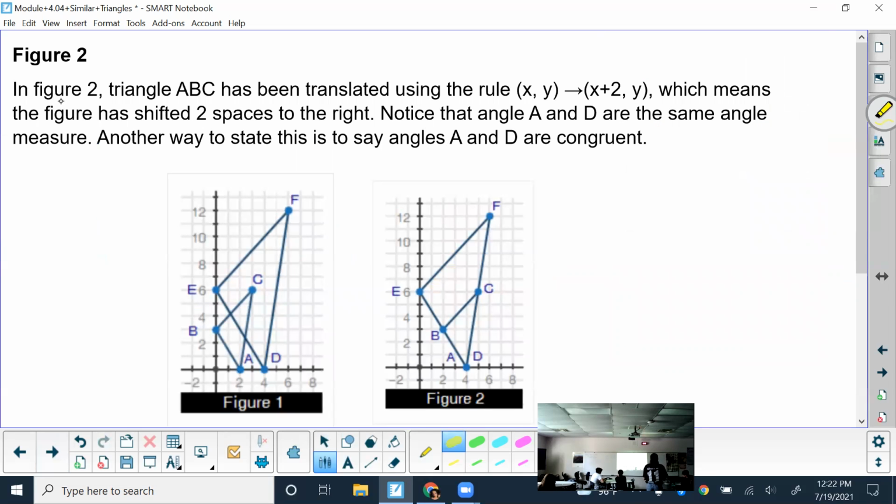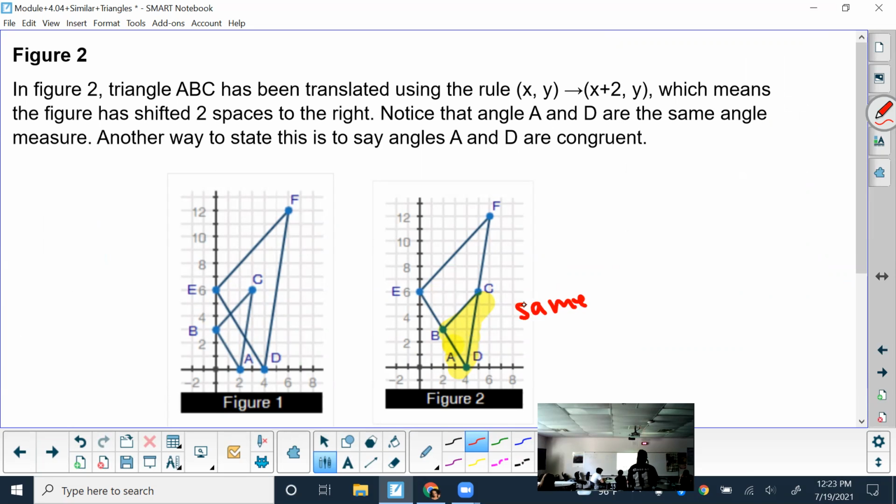All right, now figure 2, we are now putting the smaller triangle, the pre-image, into the dilated one. Just showing you that the angle measures are the same. All right, so they have different side lengths, but they have the same angle measures. Questions about that?